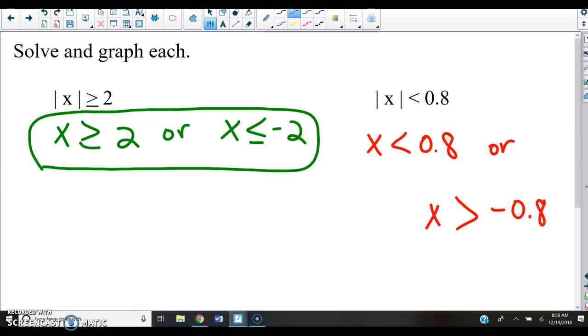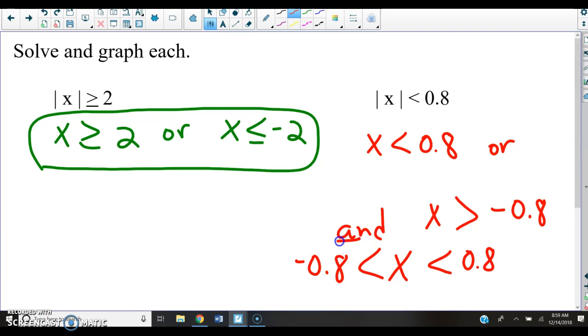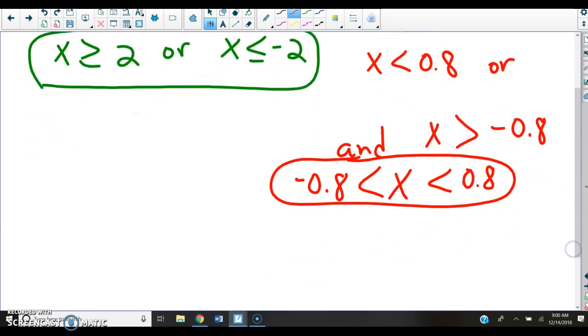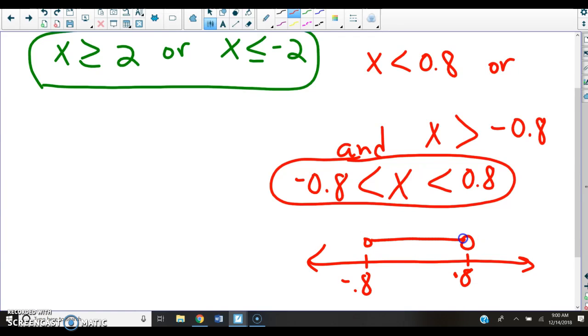And this turns out to be an and, because x is less than 8/10 and greater than negative 8/10. So an and problem, when we graph it, is going to look like a barbell. So x is stuck between positive 0.8 and negative 0.8. It's not or equal, so I'm going to keep it open.